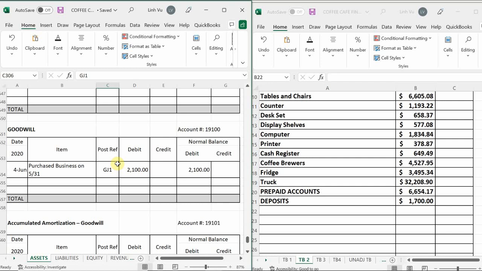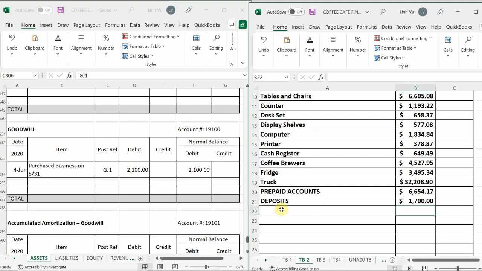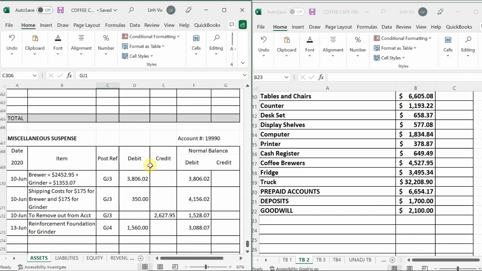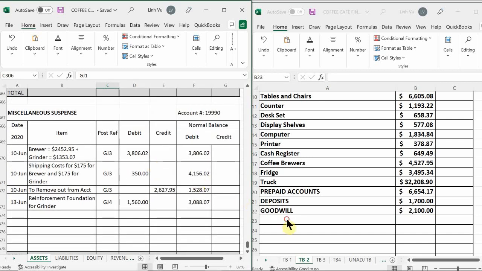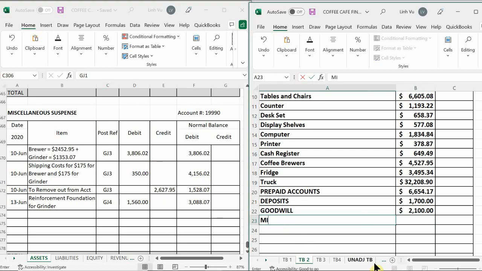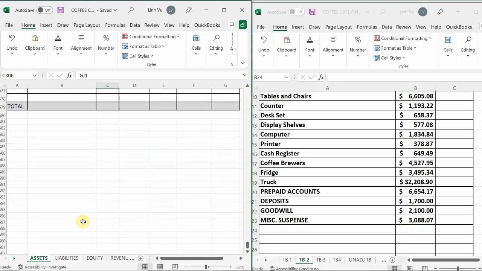What about Goodwill? Same as before, 2100. Okay, and no amortization yet. And the last account is my miscellaneous suspense. What is my current balance in my miscellaneous suspense account? 3088.07. Okay. So I finished all my assets.